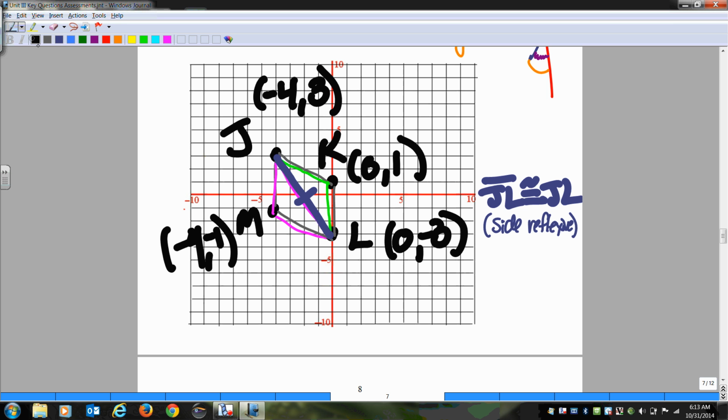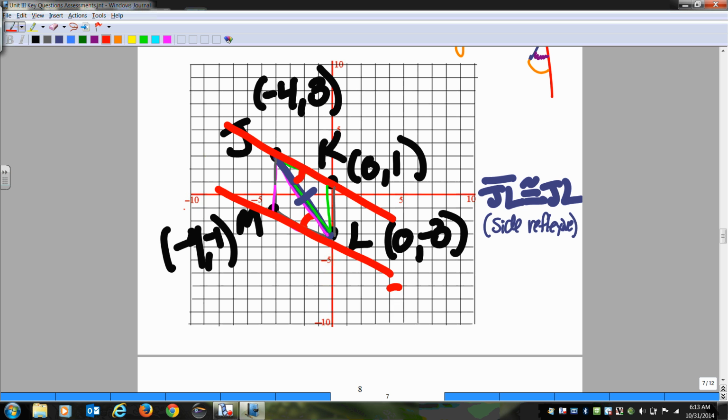Now, if I wanted to get these angles congruent here, opposites of Z, if I wanted to get a pair of angles, I would have to find the slope of JK and ML.